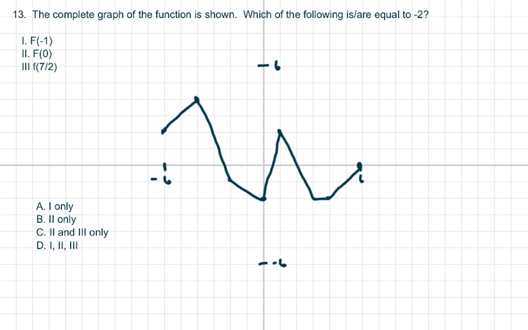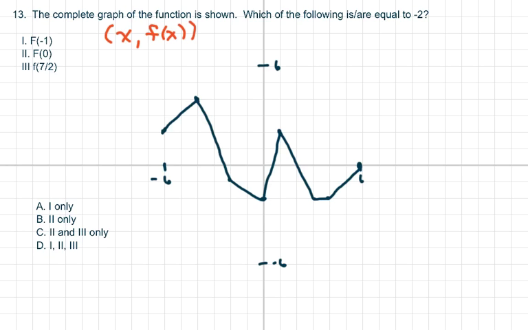Okay. The next one we have is 13. This is the graph I drew. It says it's a function, so the points are of the form x, f of x.